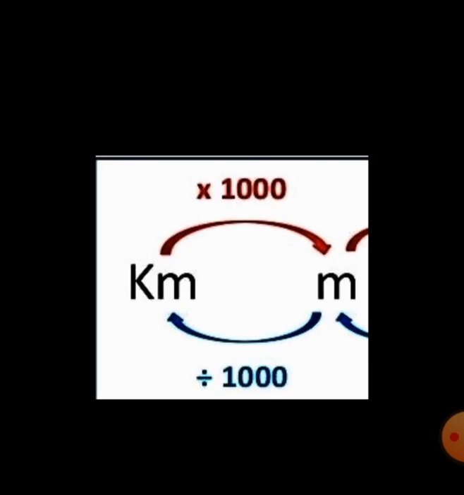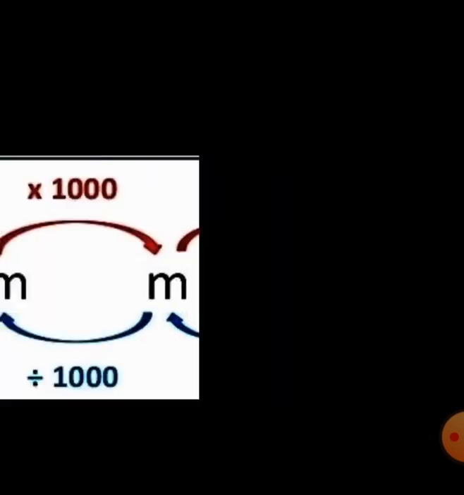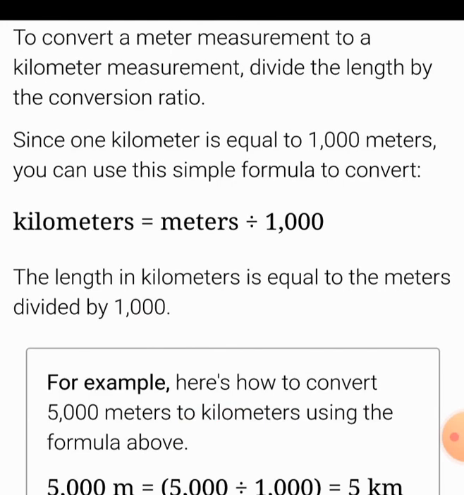But we use 1,000, because as we said in previous class, 1,000 meters is equal to 1 kilometer. So in order to convert a meter measurement to a kilometer measurement, divide the length by the conversion ratio. In other words, since 1 kilometer is equal to 1,000 meters, you can use this simple formula to convert.